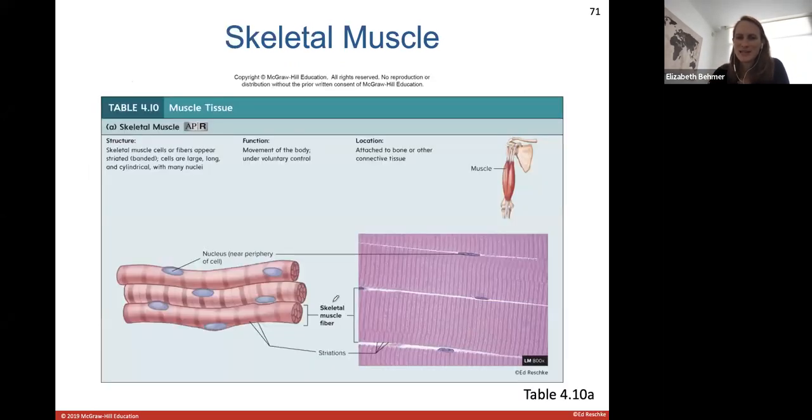Underneath the microscope, you can see the nice banded striations. The nuclei are pulled off to the periphery of those cells, and the skeletal muscle cells are arranged in nice parallel lines right on top of each other. Skeletal muscle is under voluntary control, meaning you consciously control when you're moving parts of the body, and that's skeletal muscle.